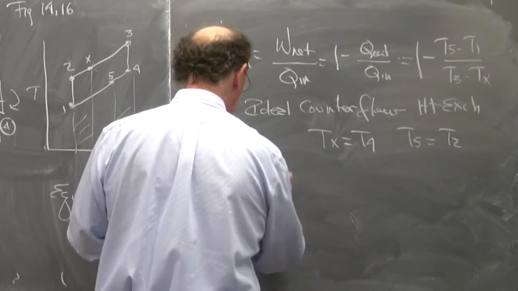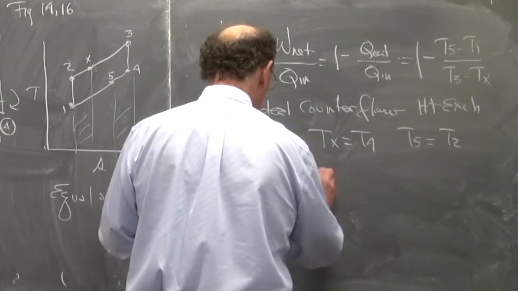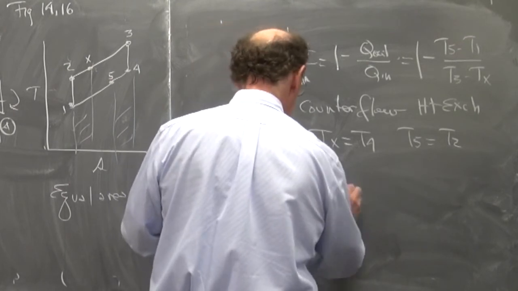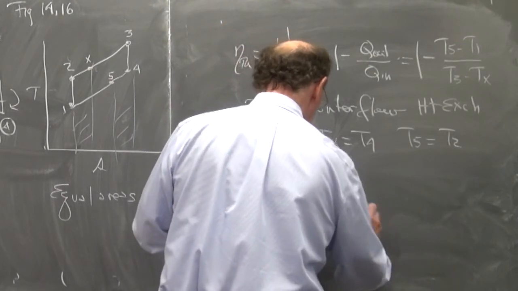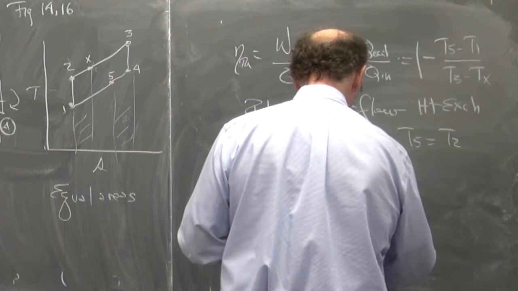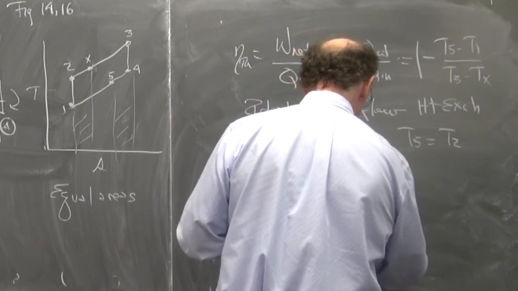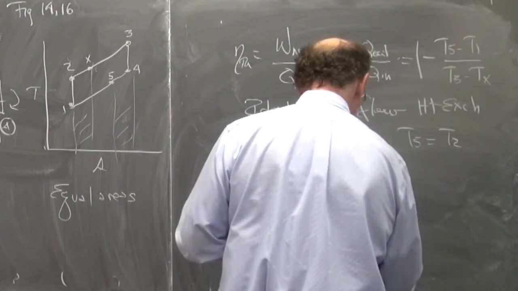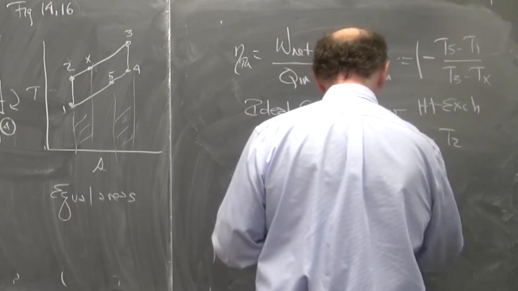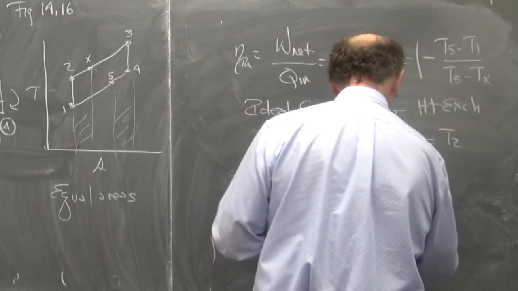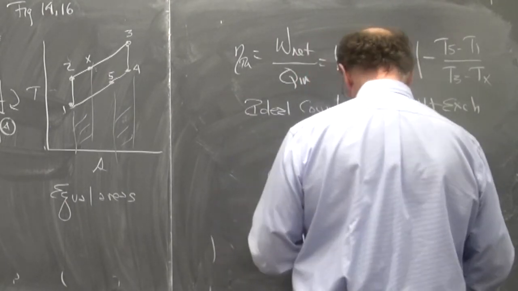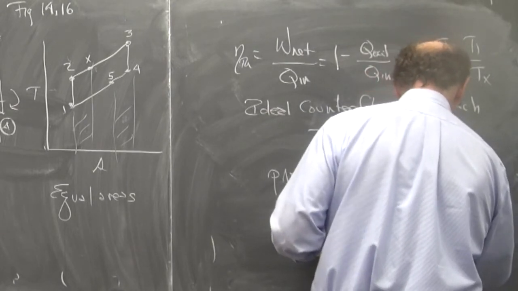From PV to the K equals a constant, we have that T2 over T1 is equal to (P2 over P1) to the (K minus 1) over K. So this is equal to T3 over T4 as well.